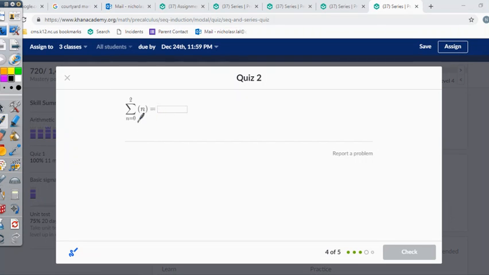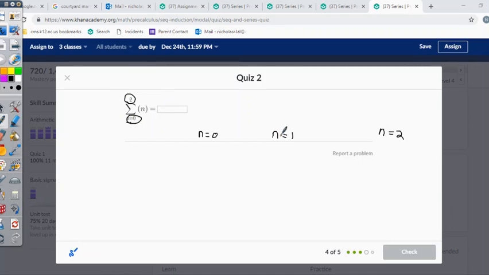All right, quiz 2. Question 4. We're summing the terms of n when n equals 0 through 2. So we're going to have to sum the terms when n equals 0, n equals 1, and n equals 2, because our starting number is 0 and our stopping number is 2.